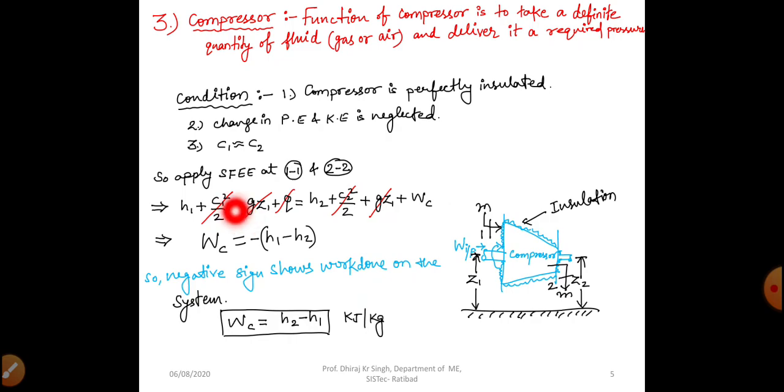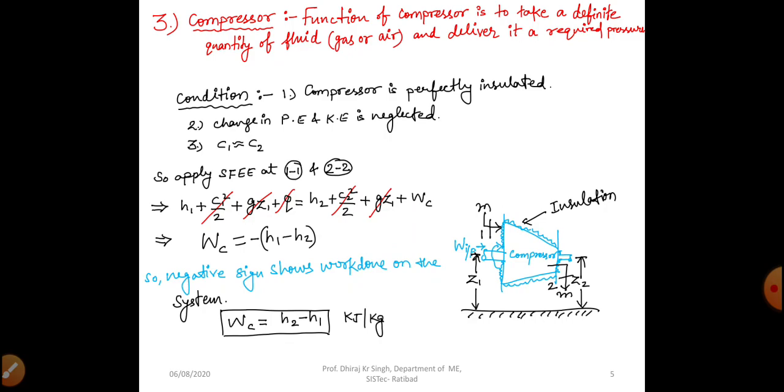So now we apply the steady flow energy equation at 1 and at 2. The equation is H1 plus C1 square by 2 plus GZ1 plus Q equal to H2 plus C2 square by 2 plus GZ2 plus WC, that is compressor work. In the LHS and RHS we neglect kinetic energies, C1 square by 2 and C2 square by 2, and we neglect potential energies, GZ1 in the left hand side and in the right hand side GZ2, dear students.